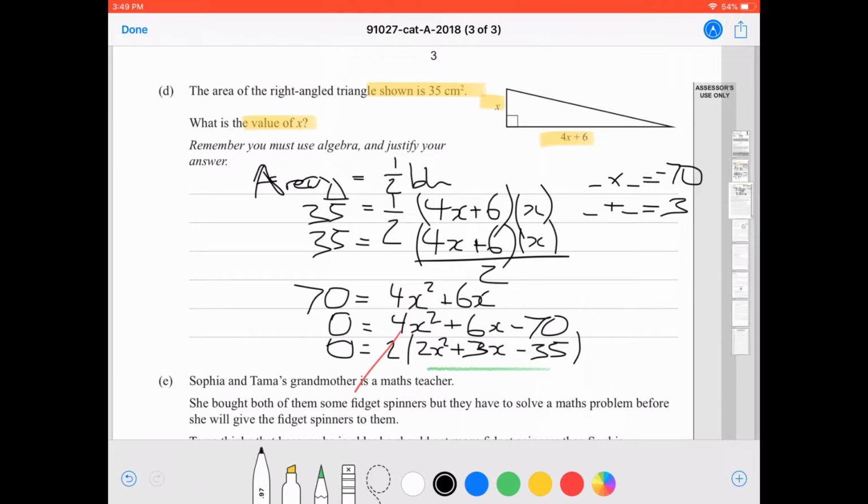And they are positive 10 and negative 7. Okay, so let's start back here. We've got 2x squared. Once again, we split the b term, so plus 10x minus 7x. Once again, we haven't actually changed anything. Minus 35.